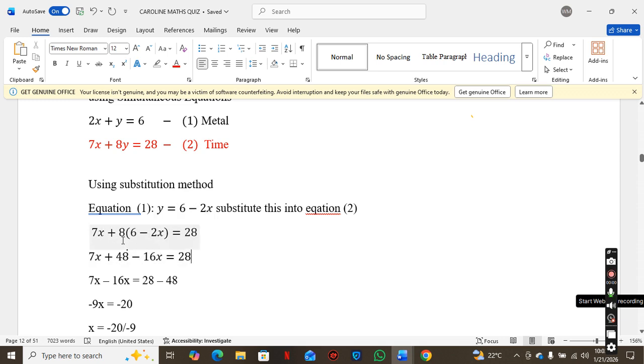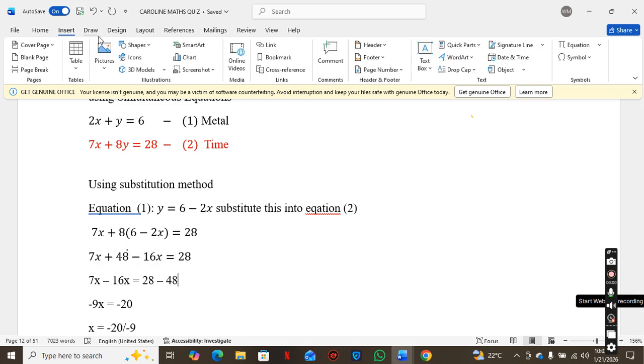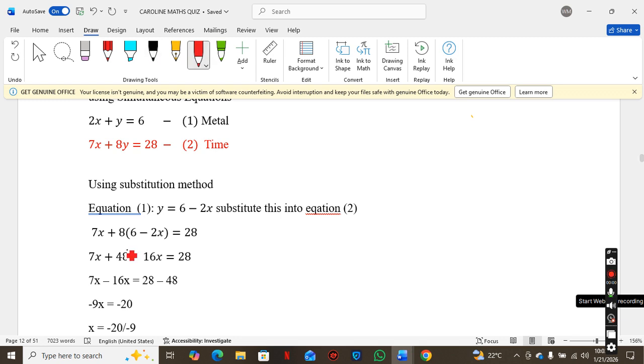Yes. So as I said, you expand these brackets. 8 times 6, 48. 8 times negative 2x, negative 16x. And you just group like terms together. So this 48 crosses over the equal sign here, and it becomes negative.